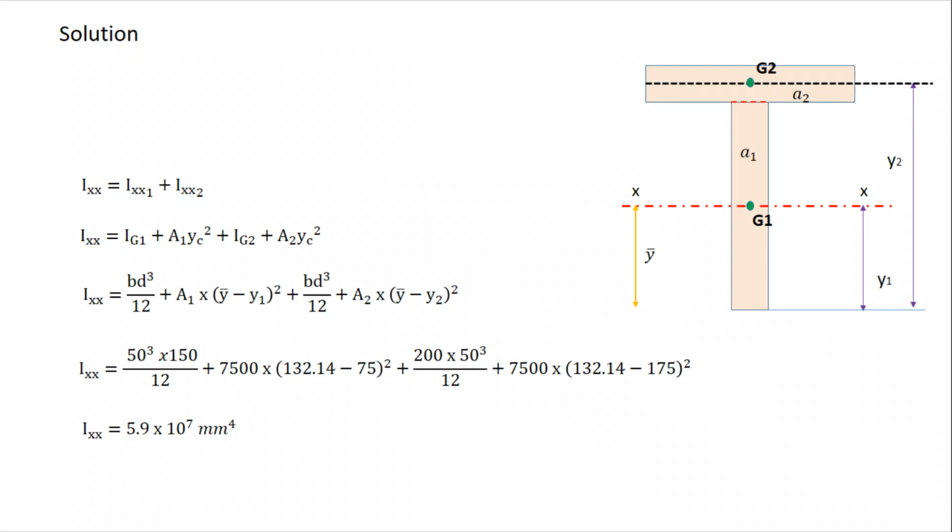After putting all the values, we get Ixx as 5.9 into 10 raised to 7 mm raised to 4. This is the centroidal x axis moment of inertia.